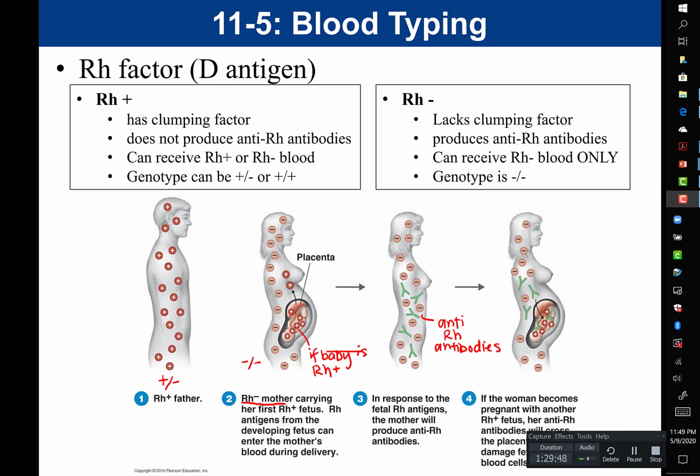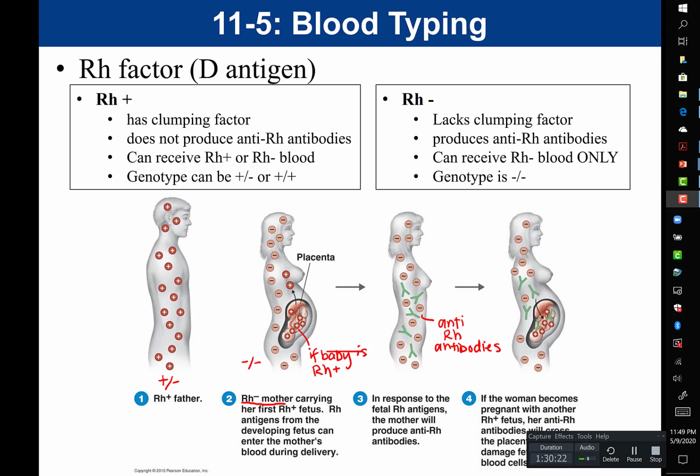However, when mom goes to deliver baby number 2 and the baby comes out and mom is no longer filtering baby's blood, the baby's red blood cells are being destroyed and there's no way for the baby to get rid of those products. And so it causes something called hemolytic disease of the newborn. The newborn's red blood cells are starting to lyse, to get broken down, and that is going to create these toxic products in the baby.